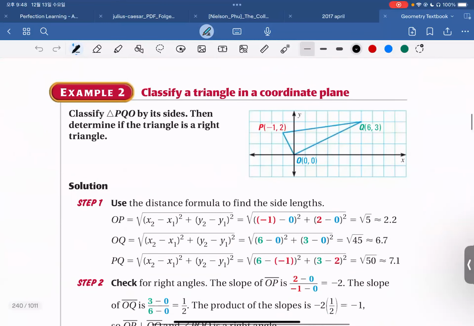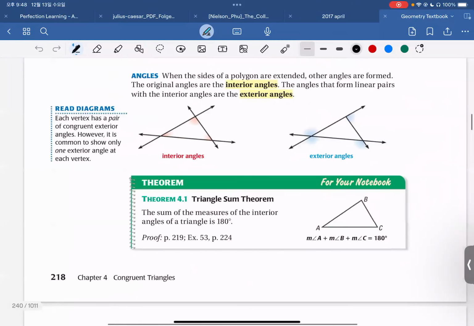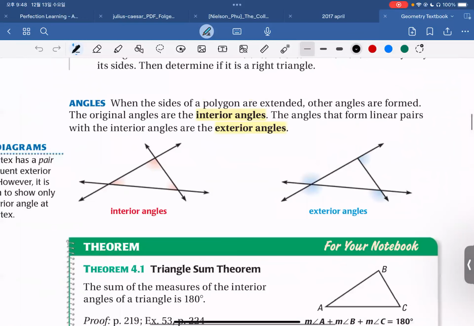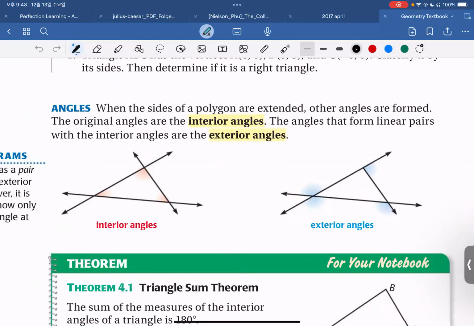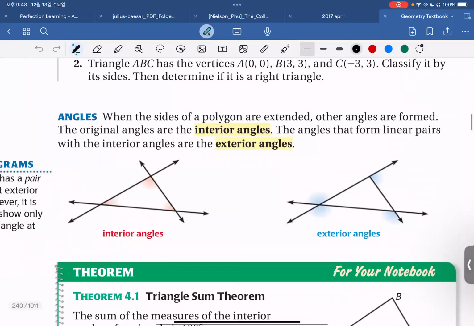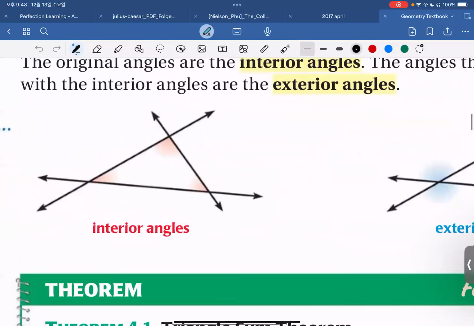I think these are pretty straightforward. But something that is important to note here is interior and exterior angles. You'll probably use this a lot when you do more advanced proofs later on. First, you must know that interior angles are angles that are inside the triangle. So if this is a triangle, they're all interior angles.